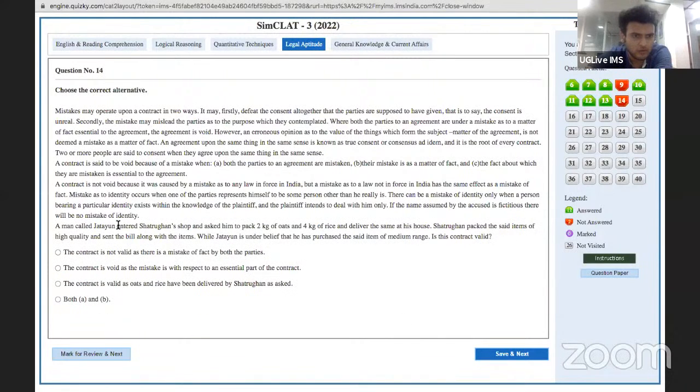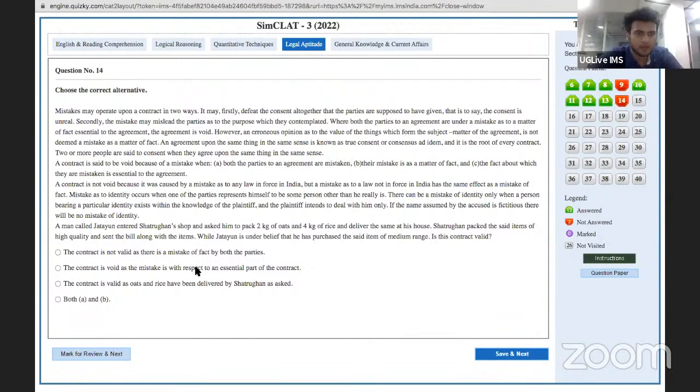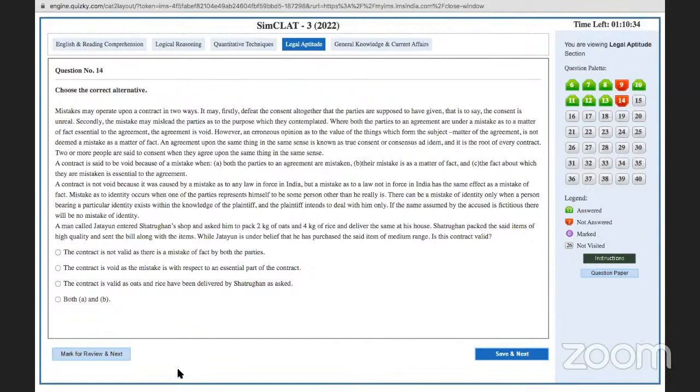A man called Jatayu entered Shatrughan's shop and asked him to pack 2 kilograms of oats and 4 kilos of rice and deliver the same at his house.